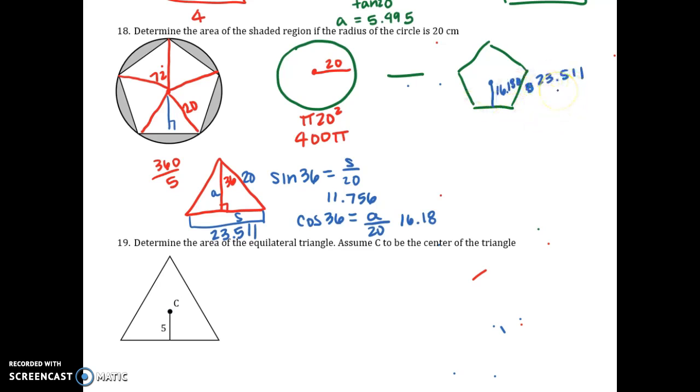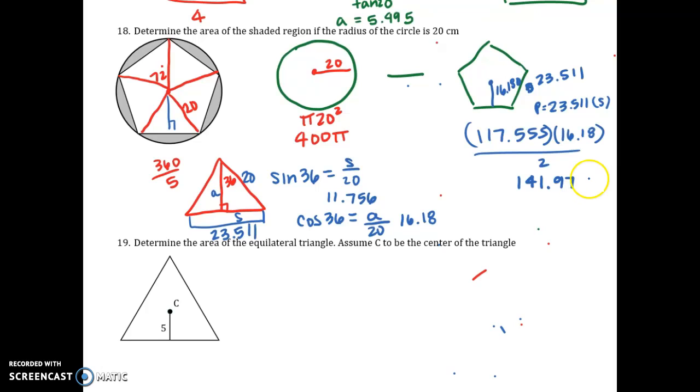So if each side of the pentagon is 23.511, multiply it by 5 to get the perimeter, which is 117.555. Multiply that by your apothem, which is 16.18, and then divide that by 2. And you get 141.9795.